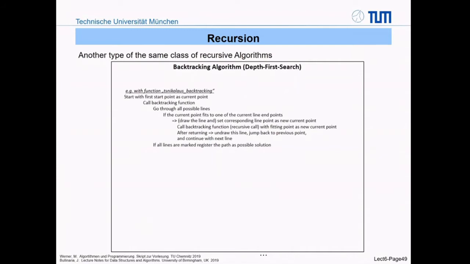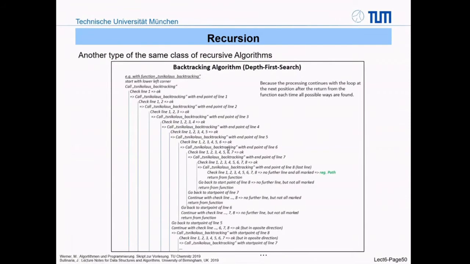If we don't find a possible way anymore, then we return. And this is our end criterion. And therefore you will have this way, which is very similar to what you saw from this simple recursive call. So each time if you jump back, you end up at the position which you had before.